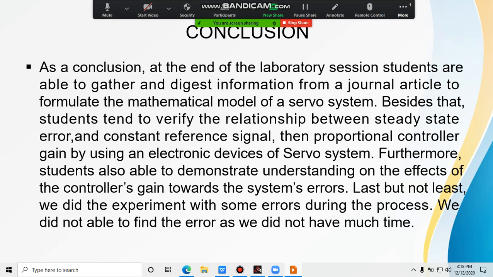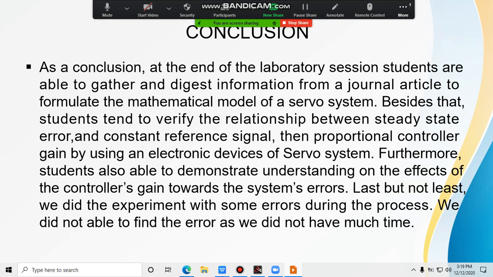Students also verify the steady state error and constant reference signal, then go on to the proportional controller to find the gain by using the electronic device of the servo system. The servo system is the most important for our lab, because only the servo system will lead us to get our result and analysis with our two main points: steady state error with constant reference signal, and proportional controller.